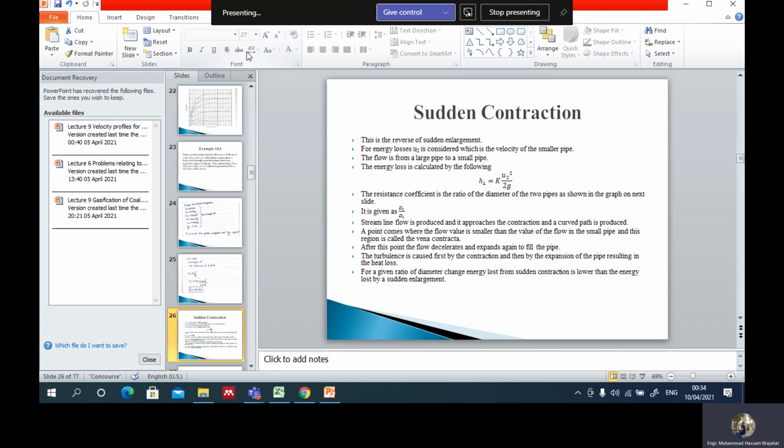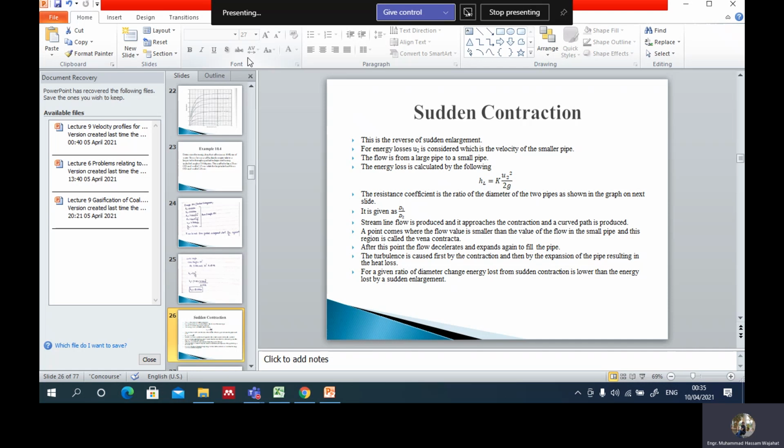The resistance coefficient is the ratio of the diameter of the two pipes. देखें, again it is the ratio of diameter of two pipes, but because you are going from the larger pipe to the smaller pipe, इस केस में the ratio is d1 upon d2, larger upon smaller. In the other case, enlargement, it was d2 upon d1. Here, it is going to be d1 upon d2.